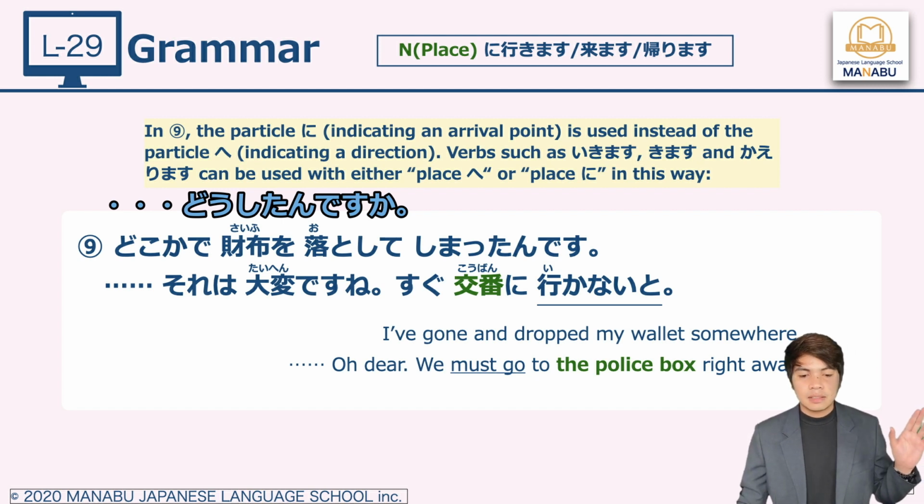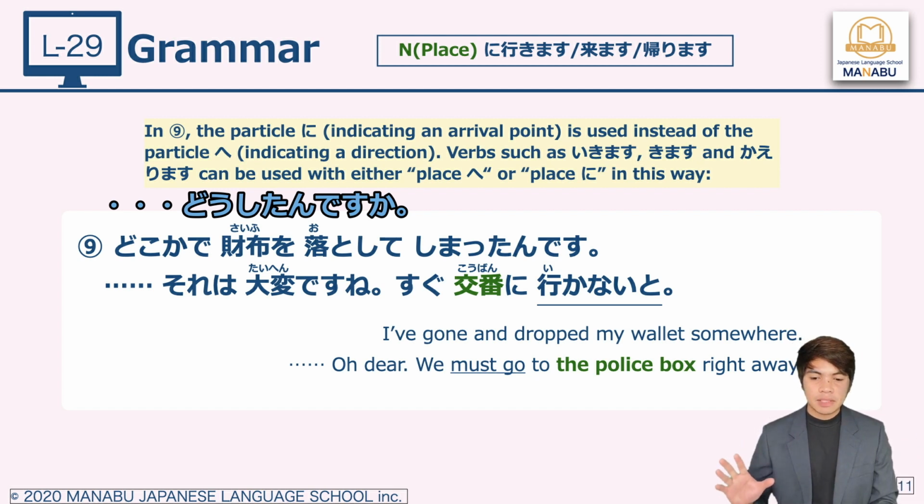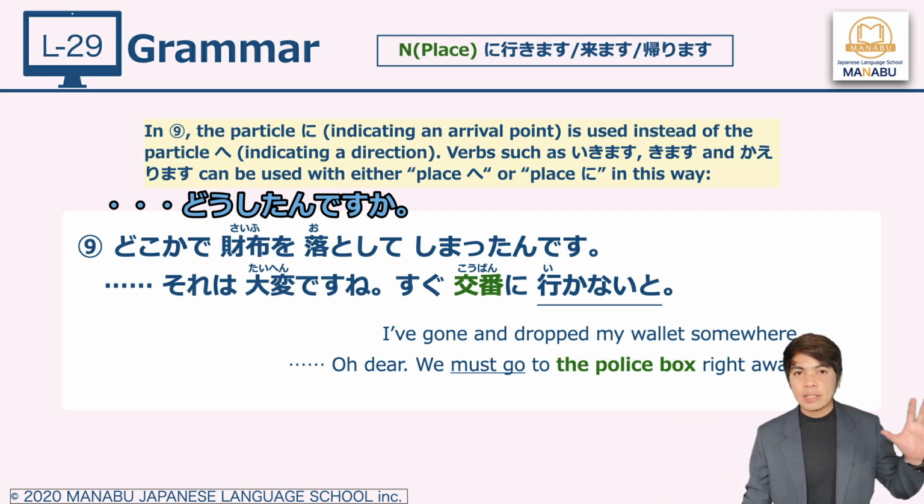それは大変ですね. すぐ交番に行かないと. If you remember in our previous lessons, ないと means must do. So 交番に行かないと, we must go to the police box right away.